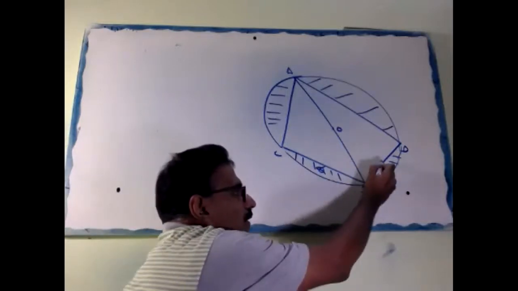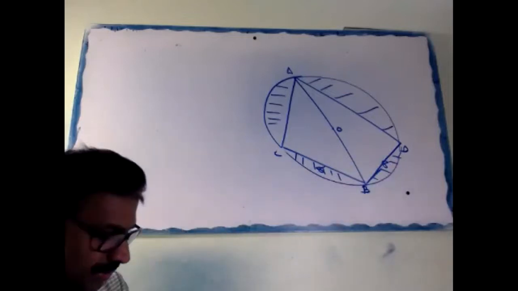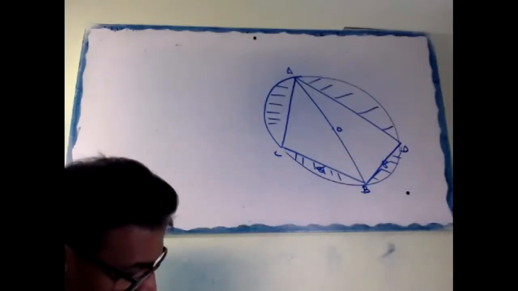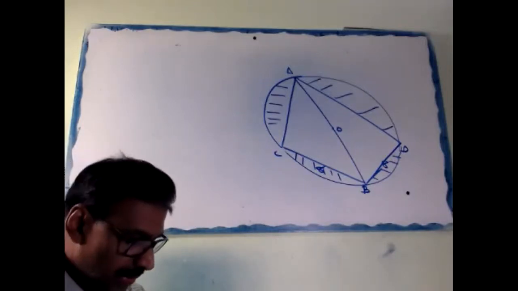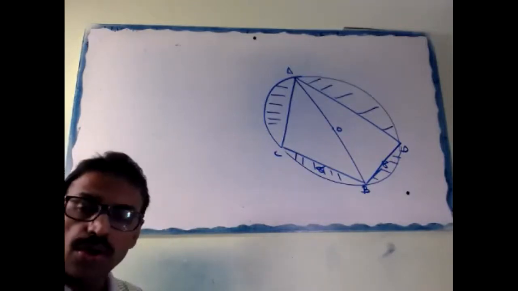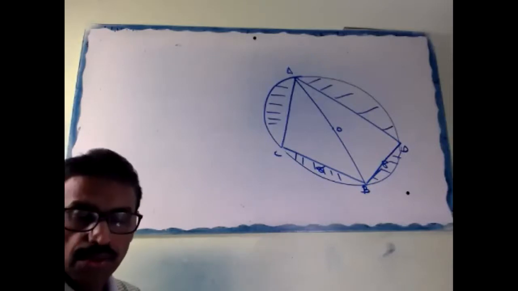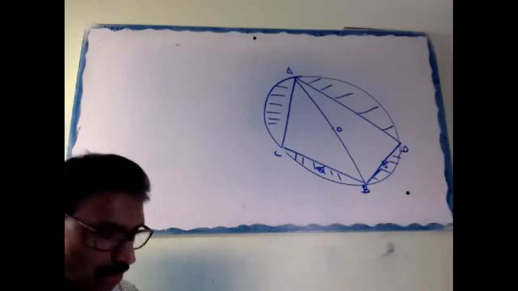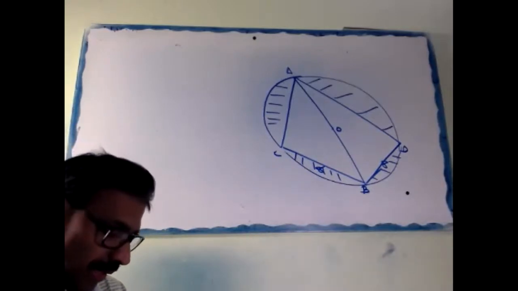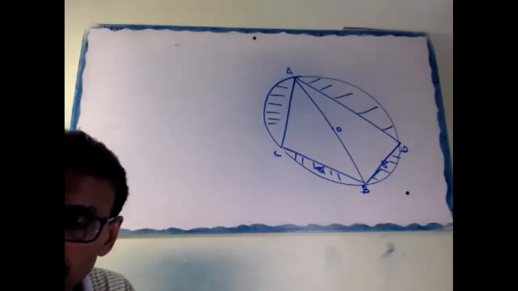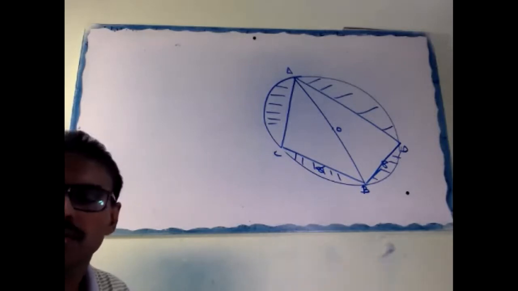This is 8. This is also 8. AC equal to AD, 15 centimeter. And O is the center of the circle. Take pi as 3.14. You try now.